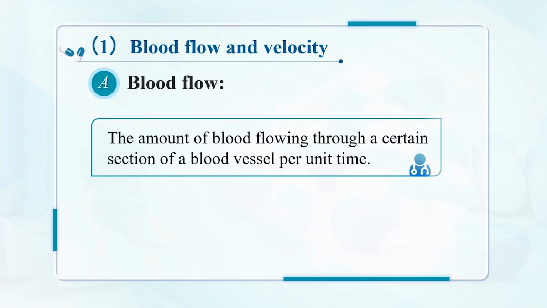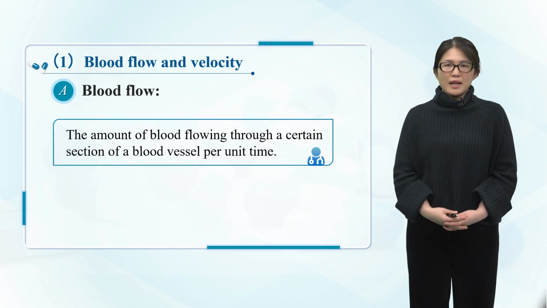Blood flow refers to the amount of blood flowing through a certain cross-section of the blood vessel in a unit time, also known as volume velocity. Its unit is usually ml/minute or L/minute.